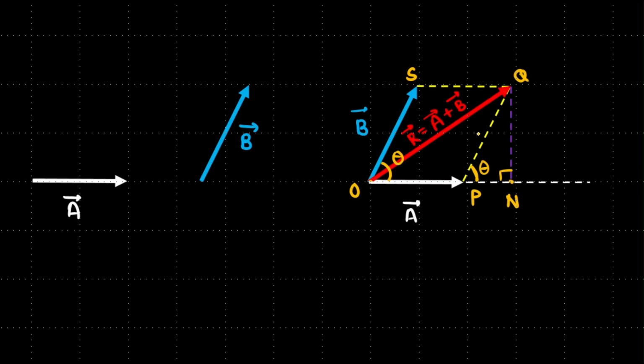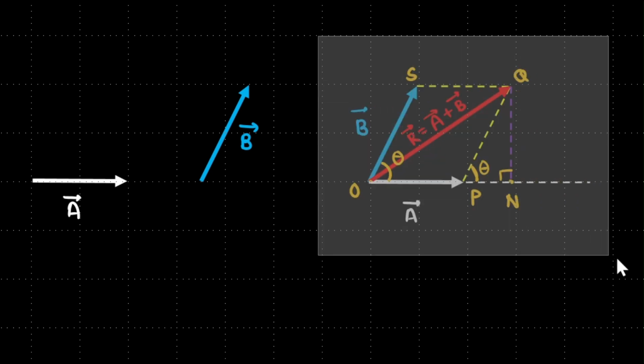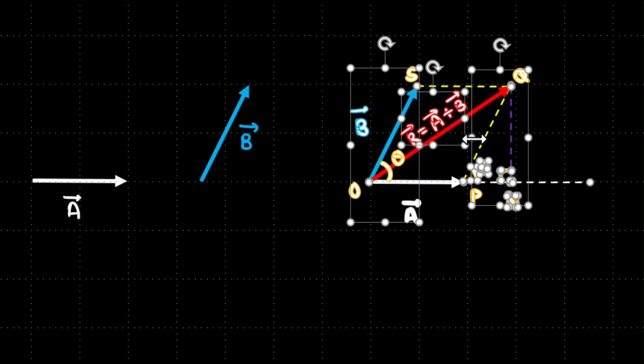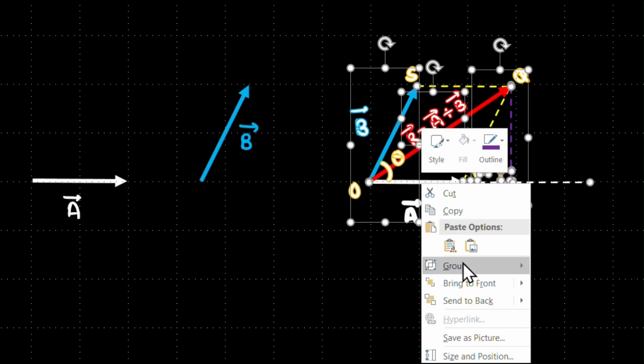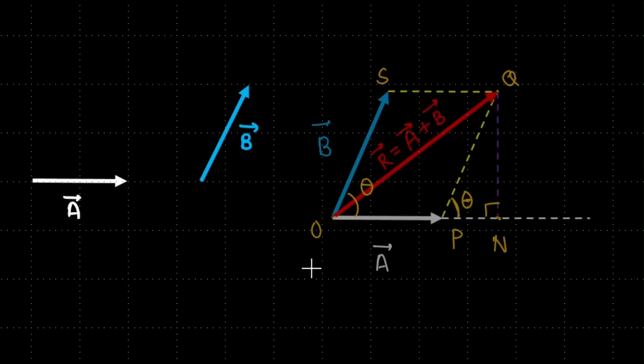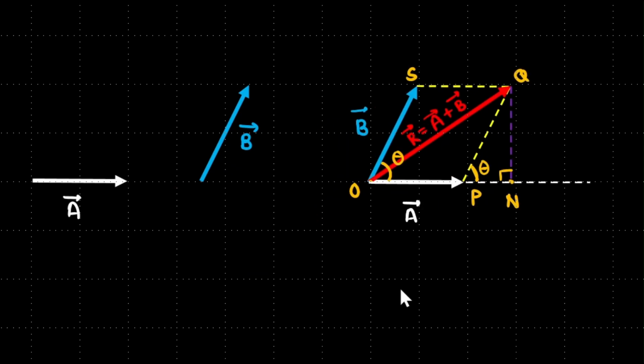And since opposite sides of a parallelogram are equal, if this is B in magnitude, this will also be B in magnitude.